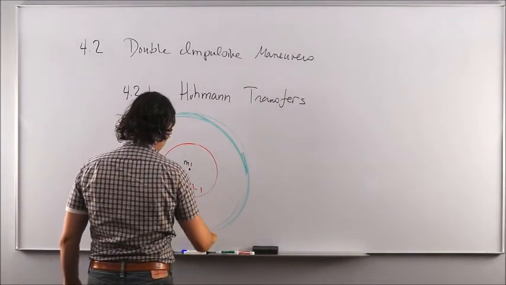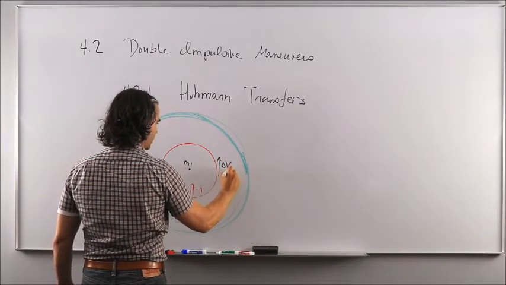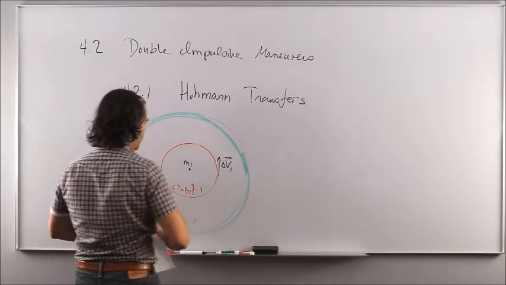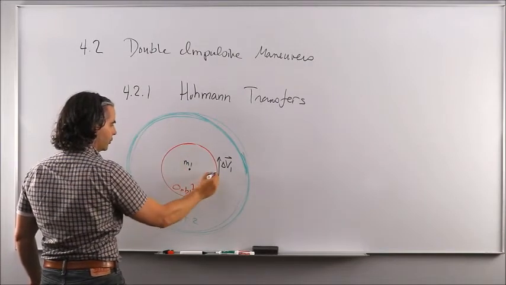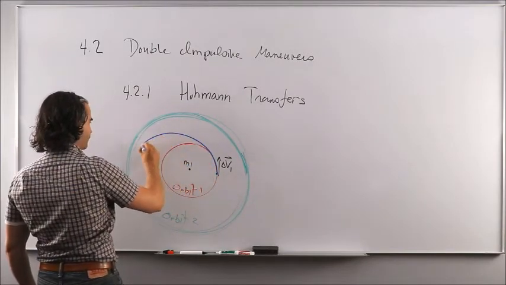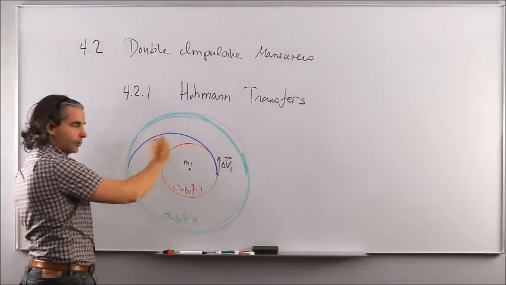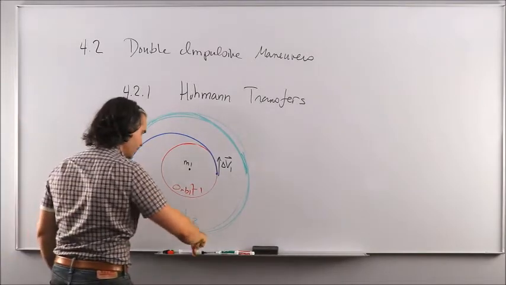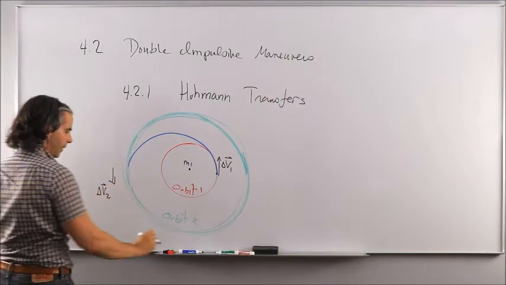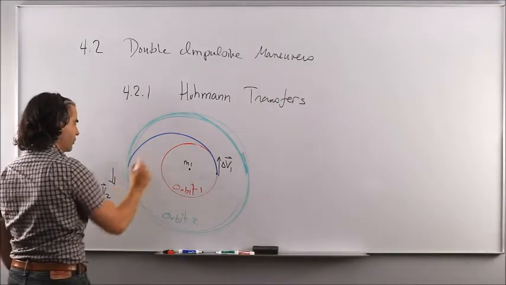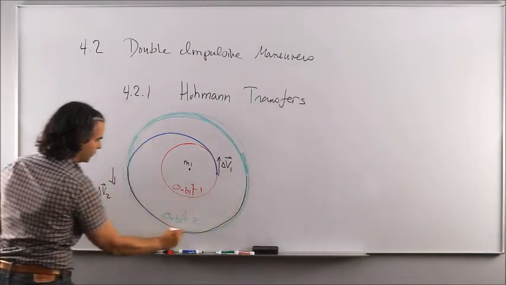So the trick is to, again, apply one delta V maneuver, that we're going to denote delta V1, to kick yourself onto what's known as an elliptical transfer orbit. So you go from circular to a bigger ellipse, and you stop the transfer here. So you only complete half of the elliptical transfer orbit. And at that point, you apply another delta V maneuver, delta V2, to then circularize the transfer orbit and end up on orbit number 2, like that, okay?